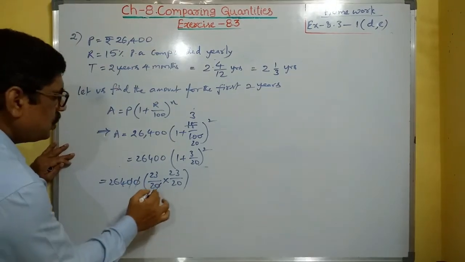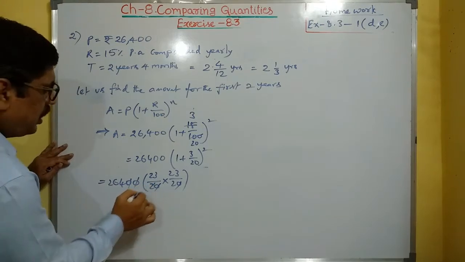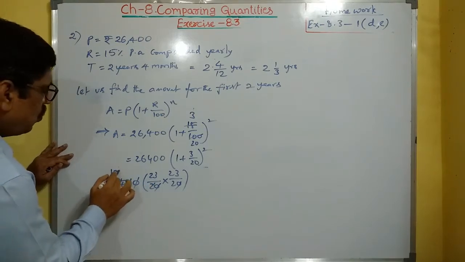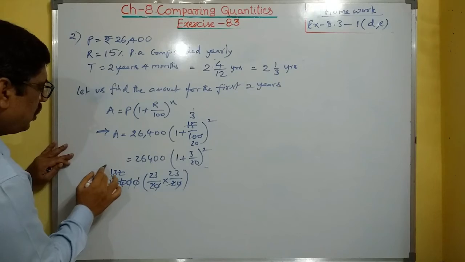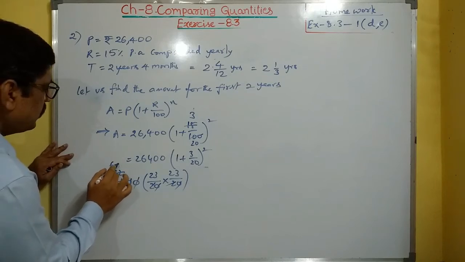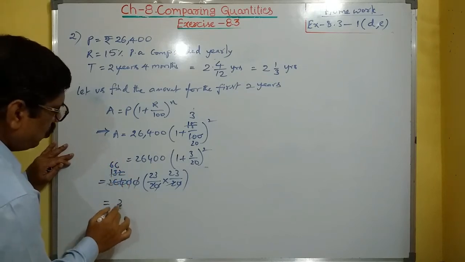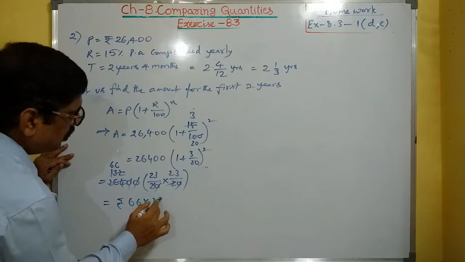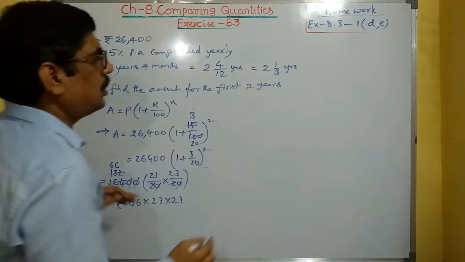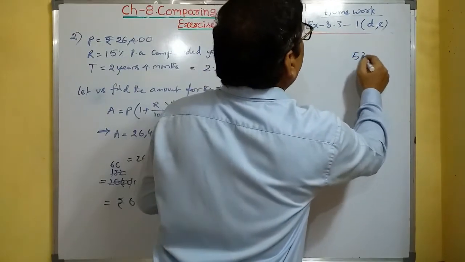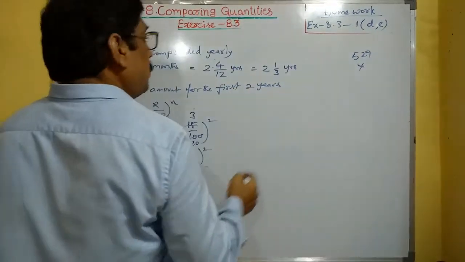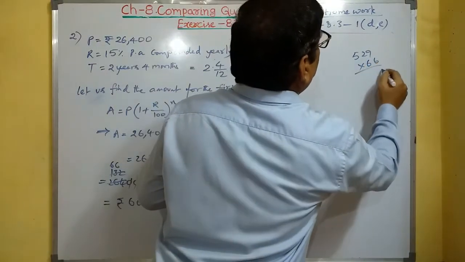Now the zeros will be cancelled. 2 twos are 4, 2 132s, again 2 twos are 4, 2 66s. So rupees 66 into 23 into 23. Now what is 23 into 23? 529 into 66.